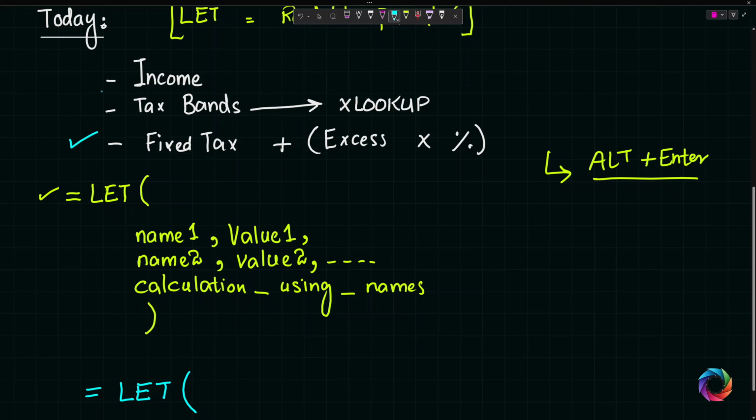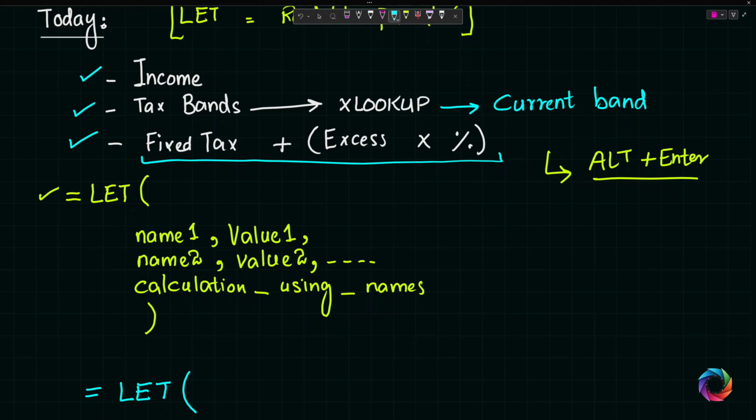We have an input in the form of income. We then have tax bands. We have to look up this income value within these tax bands and arrive at the current band in which the income lies. And after that, we have to apply this calculation and come up with the final tax value.